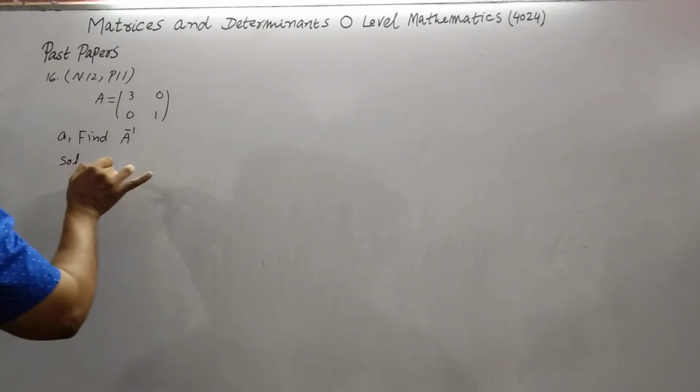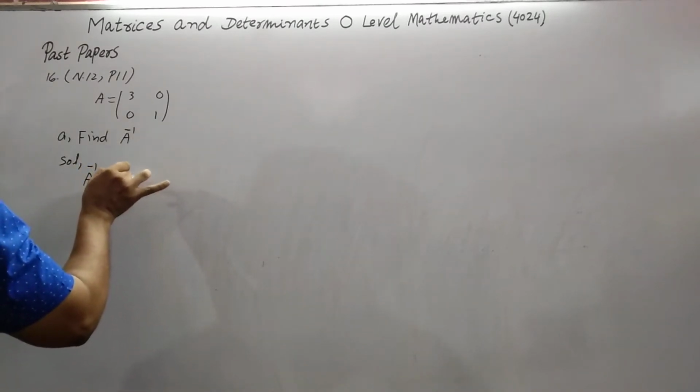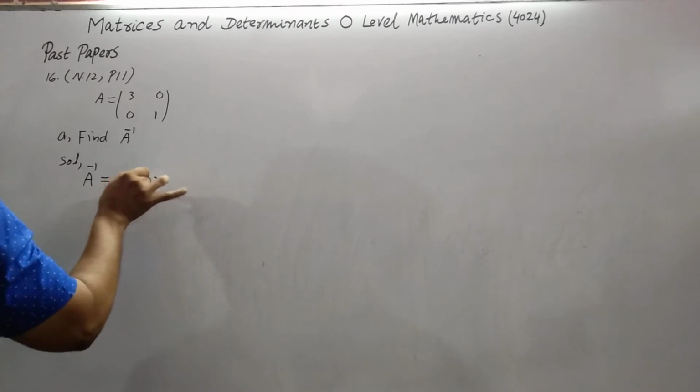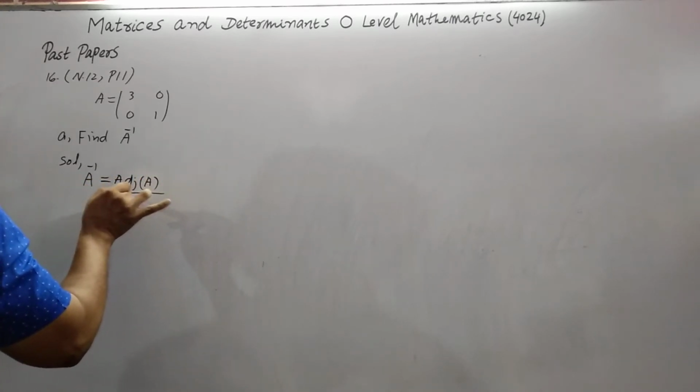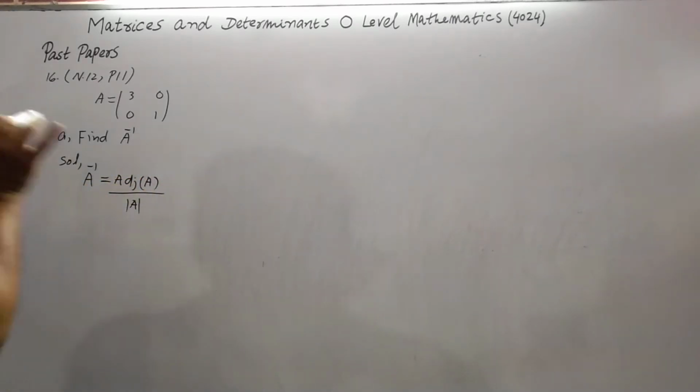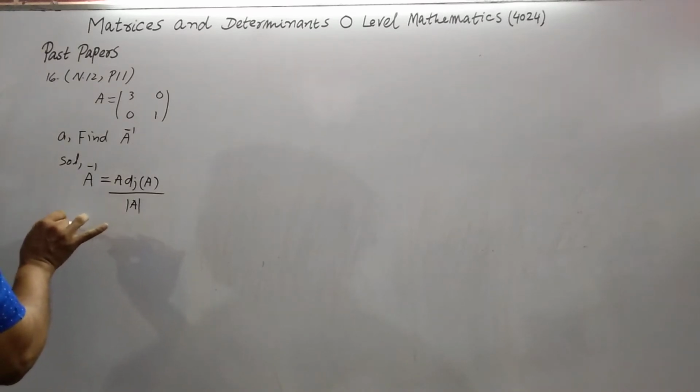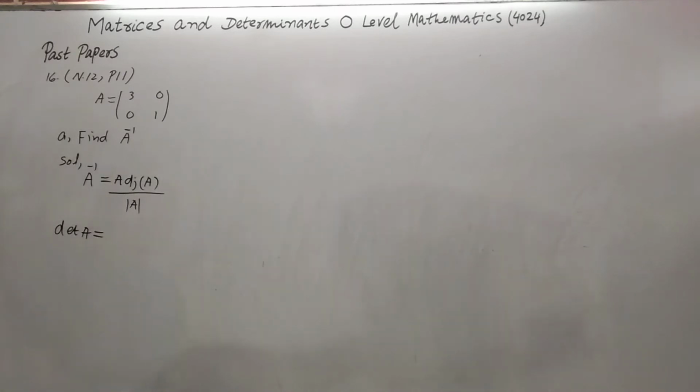A inverse is adjoint of A upon determinant of A. First we find determinant, DET. Short form of determinant is DET.